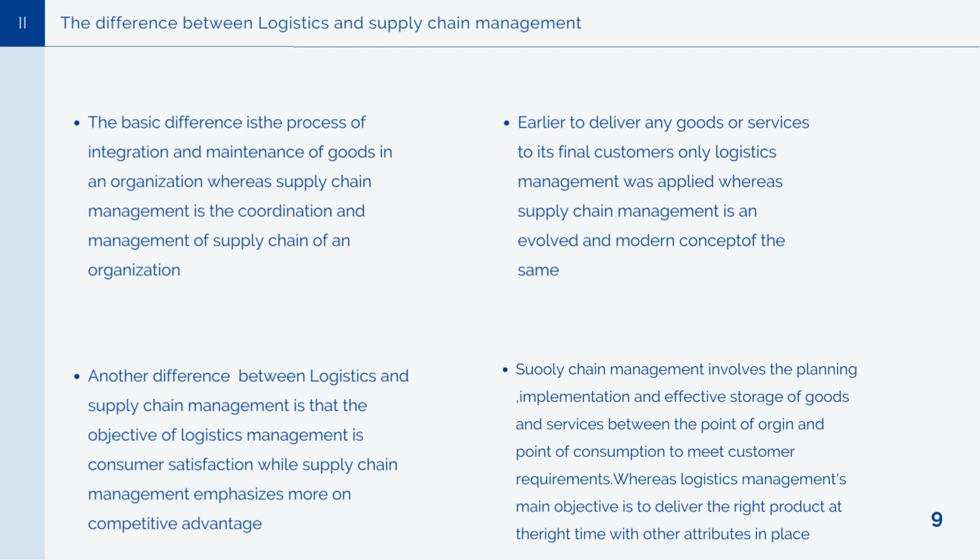Supply chain management involves the planning, implementation, and effective storage of goods and services between the point of origin and the point of consumption to meet consumer requirements, whereas logistics management's main objective is to deliver the right product at the right time and in the right place.